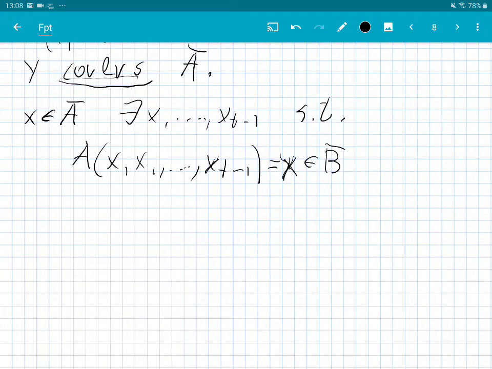Okay, so that's the claim, and we need to prove the claim. Once we prove the claim, the proof of the theorem is pretty straightforward.